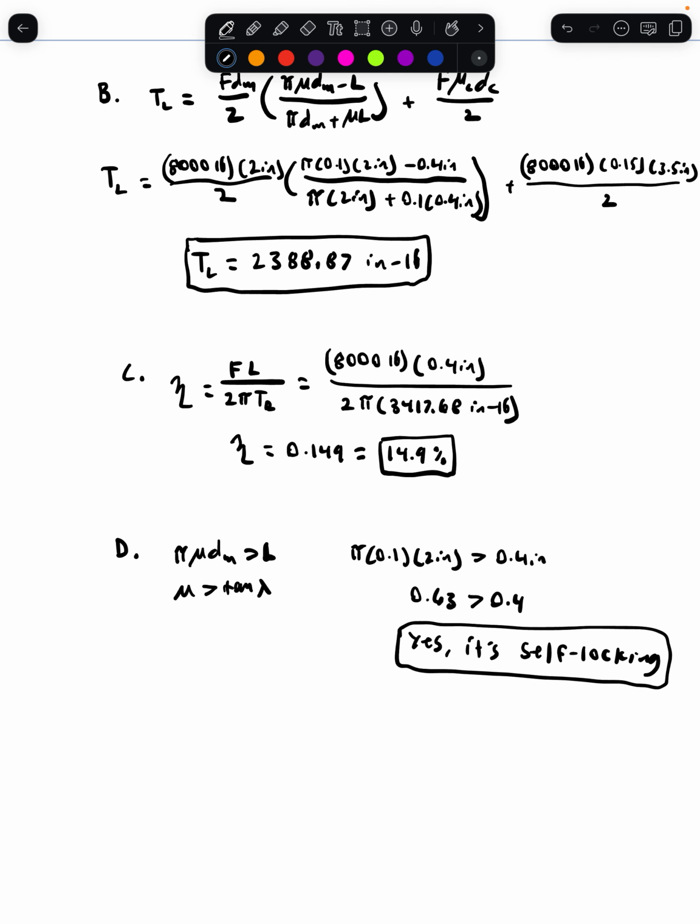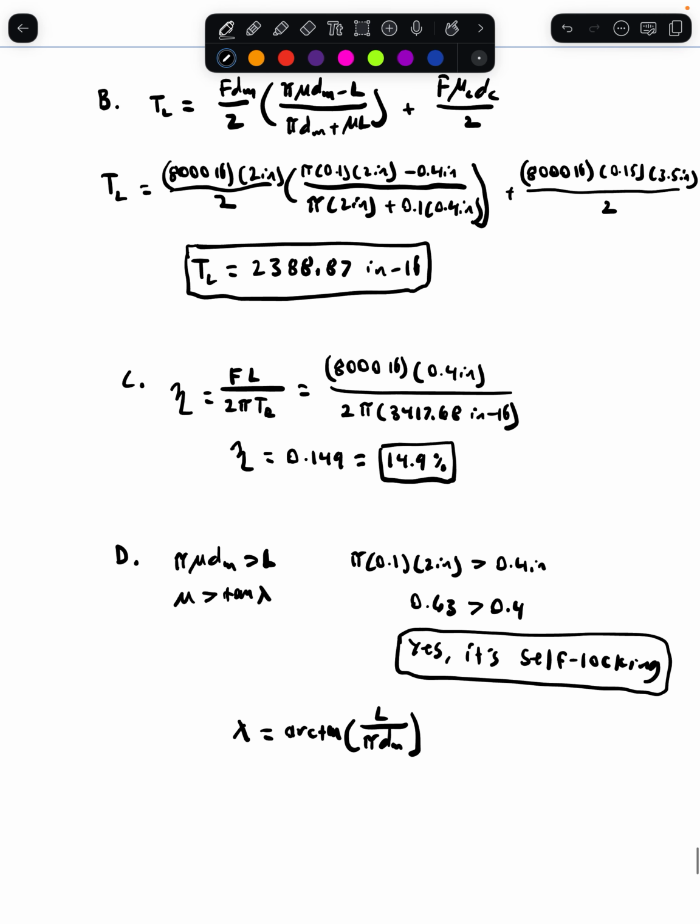And another way of writing lambda actually is it's the arctangent of L over pi dm. So I guess that's another equation. It is listed out in the book, but it's like a sub, like how it ties into a previous equation.